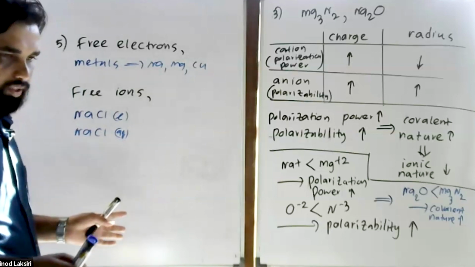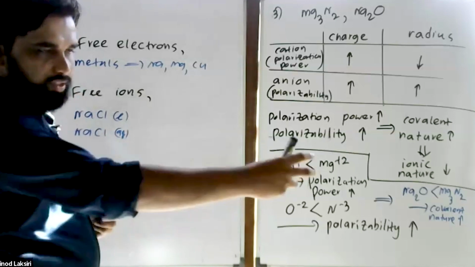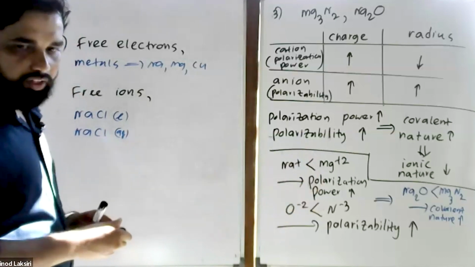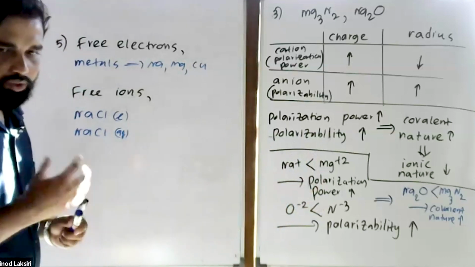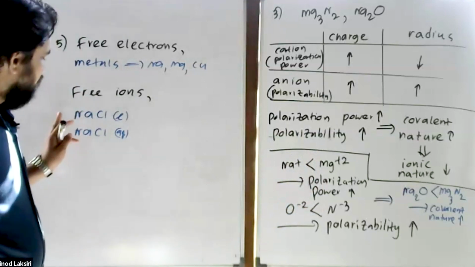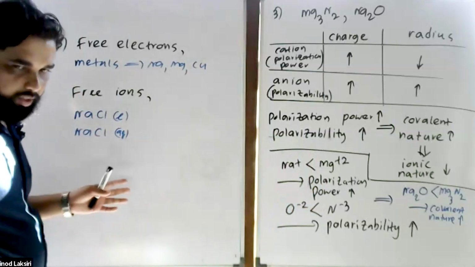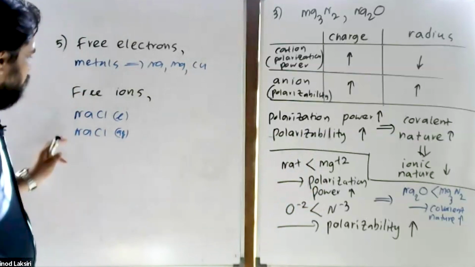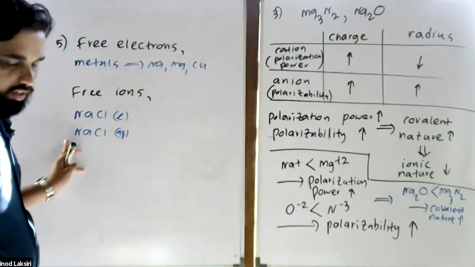When we apply a potential, Na+ cations move towards the negative electric field, and Cl- anions move towards the positive electric field. It is known as the flow of current. In aqueous sodium chloride also, Na+ and Cl- are separate, so these two ions can move. Therefore, ionic compounds in liquid and aqueous state conduct electricity, right?